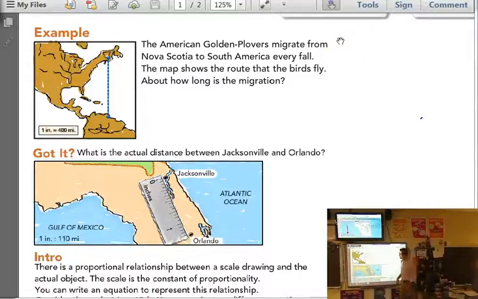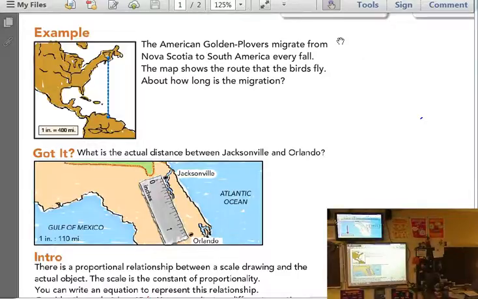We know that 1 inch equals 400 miles. That's the scale given to us on the map. Do I know anything else? Yes, I know the route. We're going to say that since they fly, they can fly in a straight line. You know where Jacksonville is in Orlando? Sean, will you do me a giant favor and measure that line?